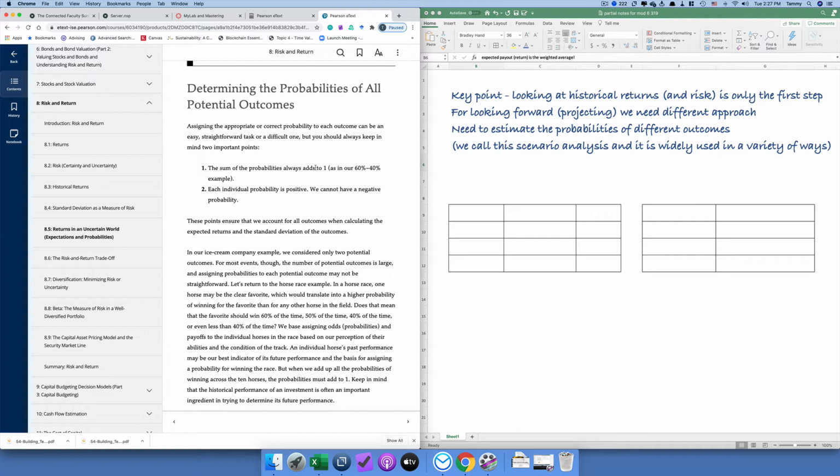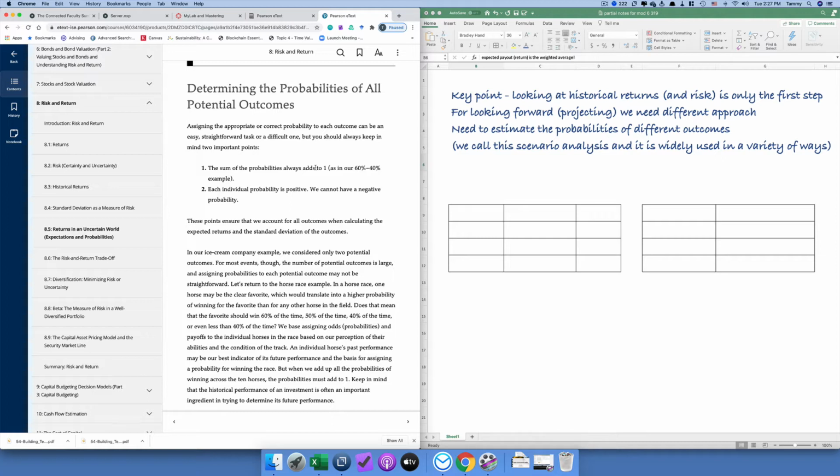And of course, you would set that up if you were with me in a finance class. You'd set that up so that you couldn't make that mistake. It's easy enough to have your probabilities add up to more than 1. So you just set up your spreadsheet so that they can't. The other thing is there's no such thing as a negative probability. All probabilities have to be positive.